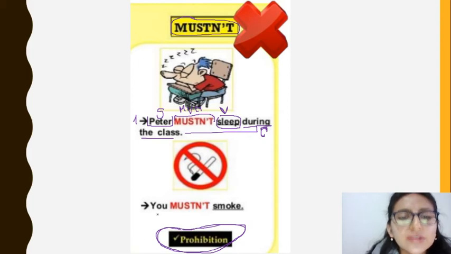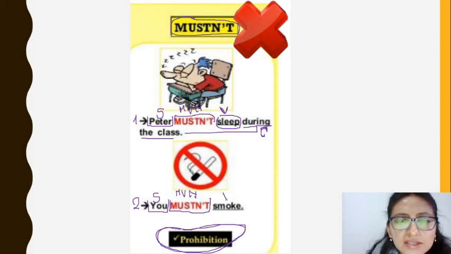Okay, in the number 2. In the sentence number 2, what is the subject? Okay, good job. You is the subject, the modal verb in negative. Very good. Mustn't, the modal verb in negative. And what is the verb in the base form?